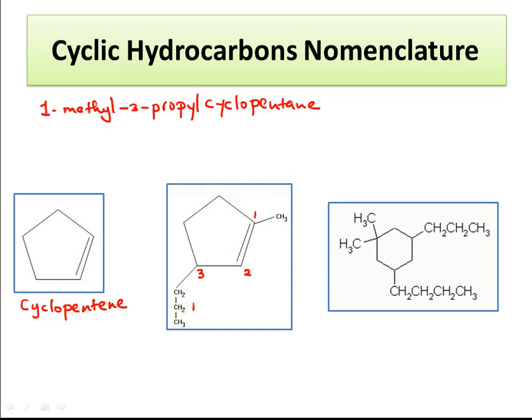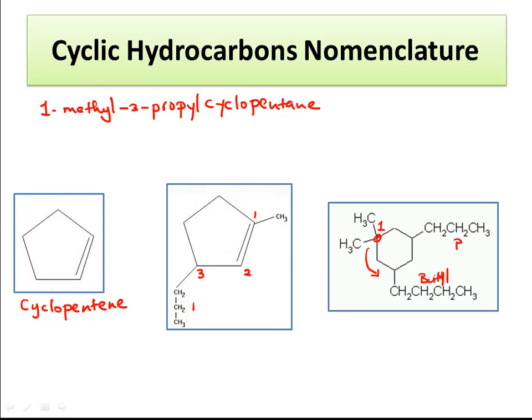And let's take a look at this one here. This one, we say this is going to be our carbon number 1 because it's heavily substituted. So we have to count clockwise or anti-clockwise. We agreed that we're going to count this way because this one's a butyl group. B comes before P, which is our propyl group.